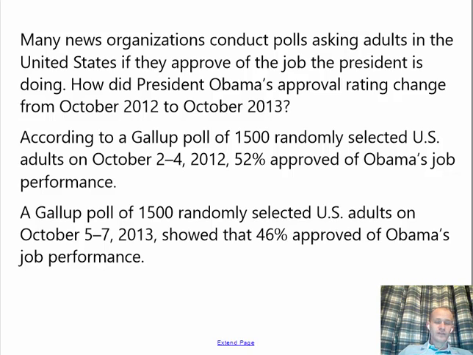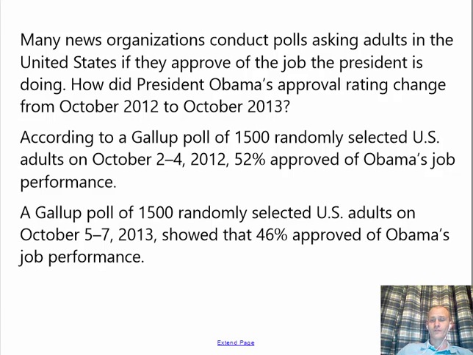In your packet, you have the conditions. Those conditions should look pretty standard. Those are what we've been doing for the last couple chapters. And right below that, you'll see this problem. Many news organizations conduct polls asking adults in the United States if they approve of the job a president is doing. In 2012 and 2013, Obama's approval ratings in October were calculated.